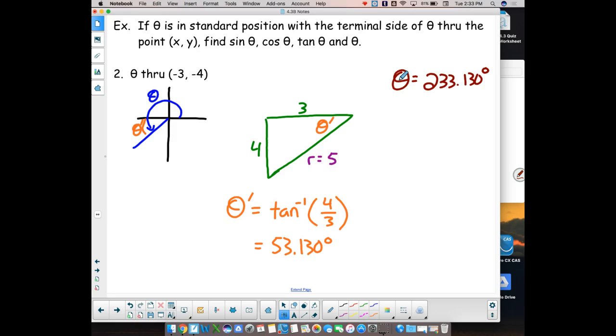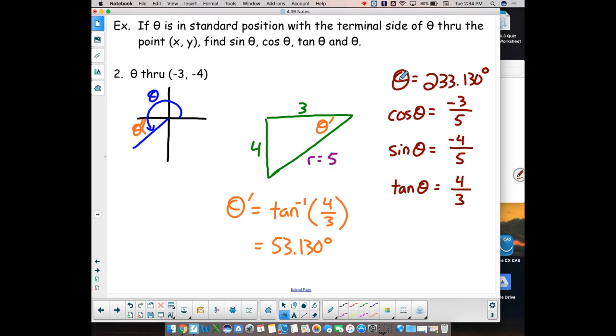My cosine value of actual theta is going to be my x term divided by my r term. My sine of theta is going to be my y value from the point divided by my r value. And my tangent value is going to be my y divided by x.